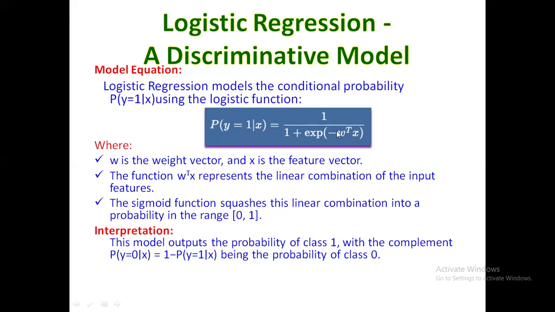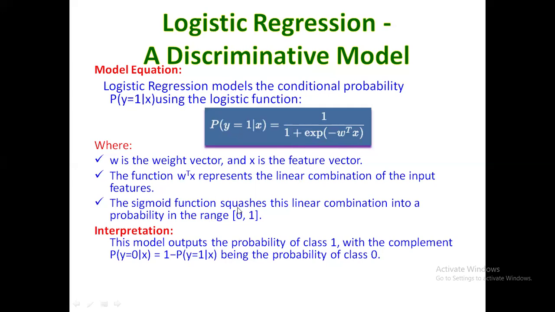The function w transpose x represents the linear combination of the input features. For example, if n inputs are coming, each input is associated with a weight value, which we'll discuss in later lectures. And this function we call the sigmoidal function.